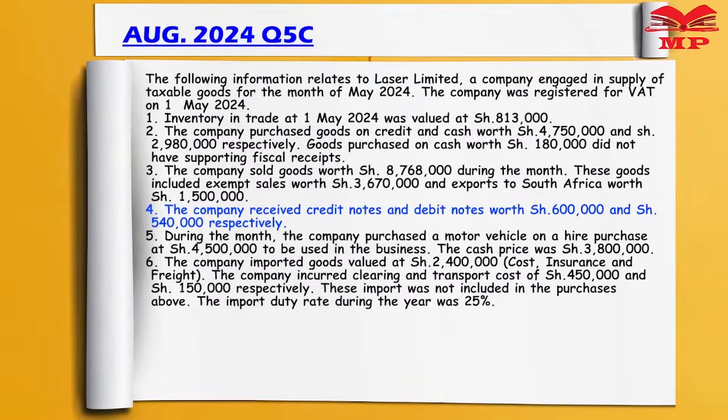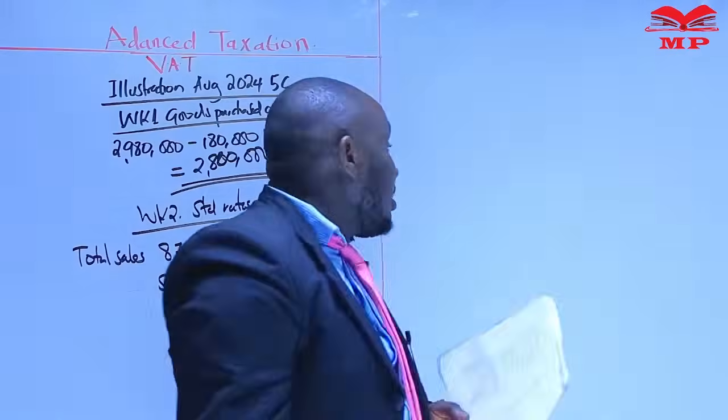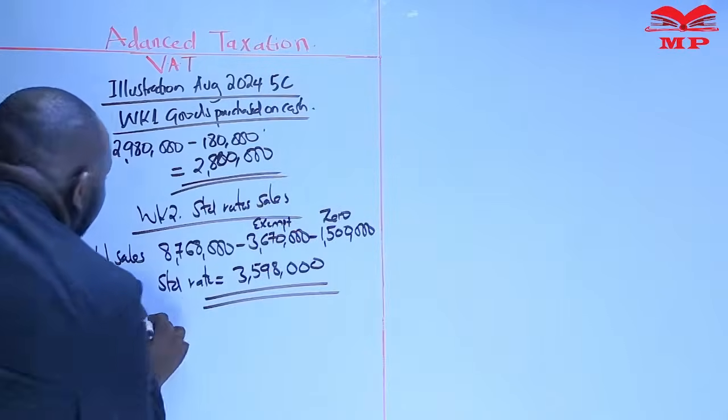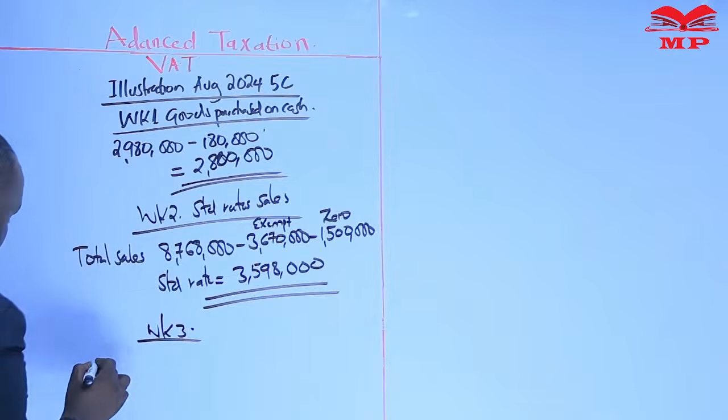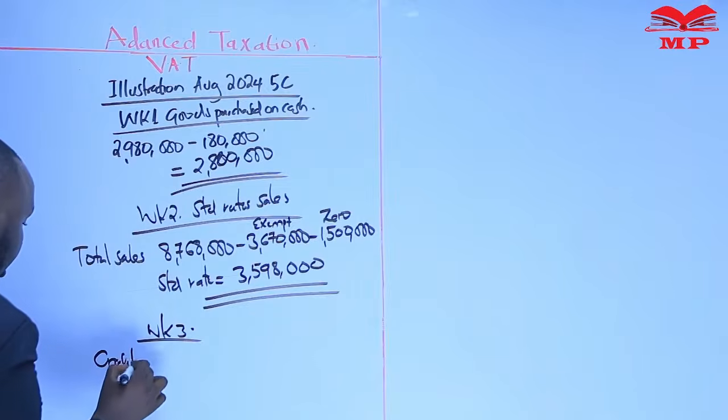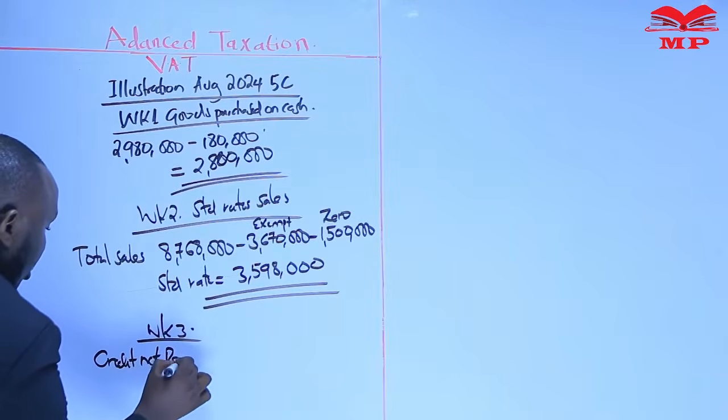The company received a credit note and a debit note worth 600,000 and 540,000 respectively. So just to indicate working three, we say a credit note received.